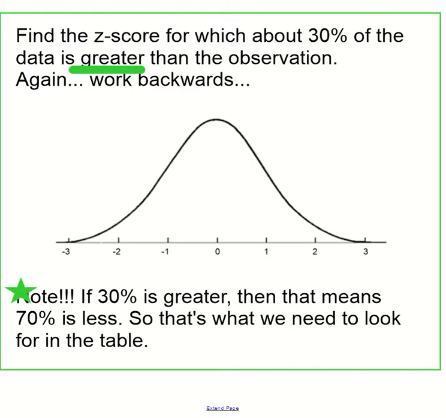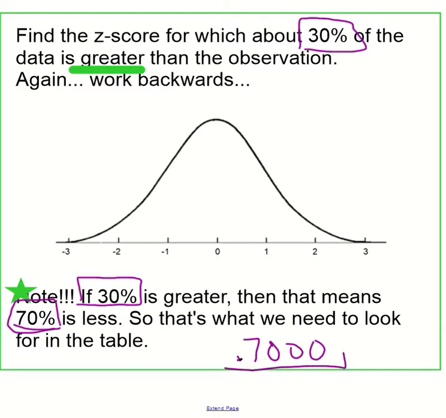Alright, we're going to do the exact same thing again. We're going to find the z-score for which about 30% of the data is greater than the observation. Remember, if 30% is greater, that means that 70% is less. So what we're looking for in the table is not 30, we're looking for 70%. So we're looking for 0.7000 if it exists. If it doesn't exist, we're going to look for the thing that is closest to it.